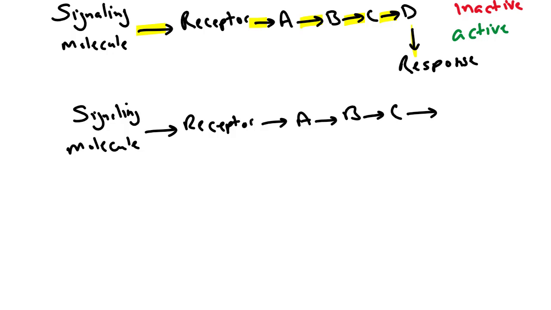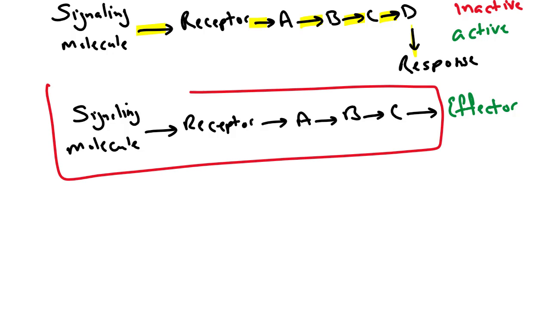But then the effector protein might be different between them. So this part is conserved. Everything downstream from C is going to be a little bit different in different cells, meaning that in one cell the effector protein could be one thing, and in another cell the effector protein could be something different.